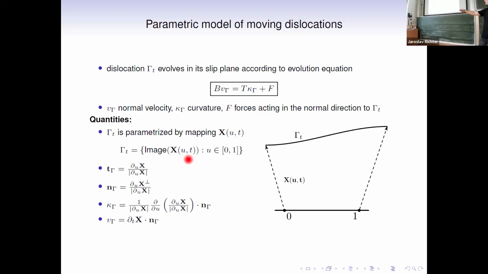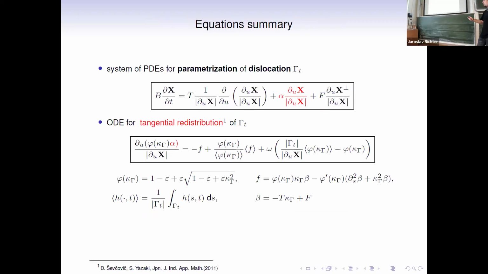When we describe the dislocation directly by some parameterization, we easily formulate the tangent vector and the normal vector from the Frenet formulas, the curvature, and at the end, we can prescribe this dislocation motion law, like normal velocity proportional to the curvature plus external force, as a system of two degenerate parabolic PDEs.